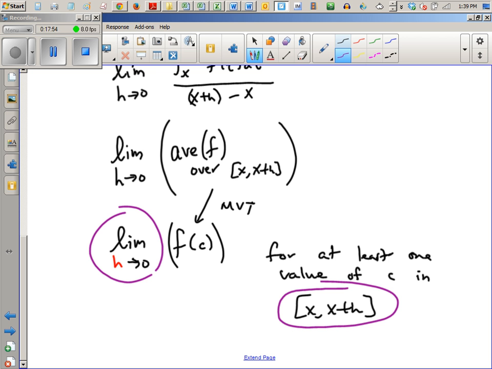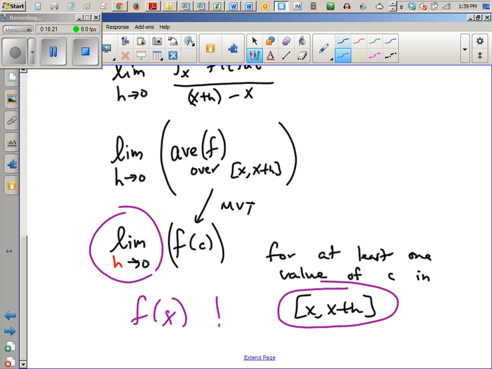This just collapses and becomes what? From x to x, right? In other words, all of this just collapses to f of x. Because h is shrinking, x to x plus h becomes from x to x, which means x.